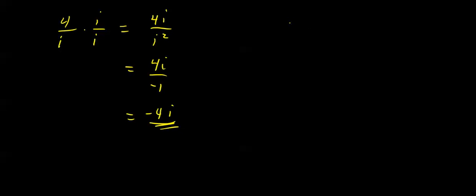If I had 4 divided by 3i to the 7th, I'm going to do this two ways. First, I'm going to simplify the i to the 7th. So i to the 7th, there's one group of 4 and 3 left over, is 3i cubed. And i cubed, remember, is negative i.